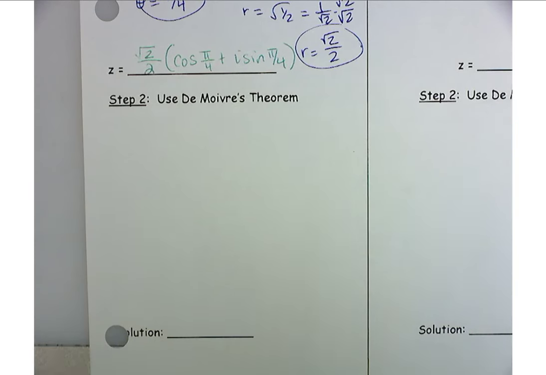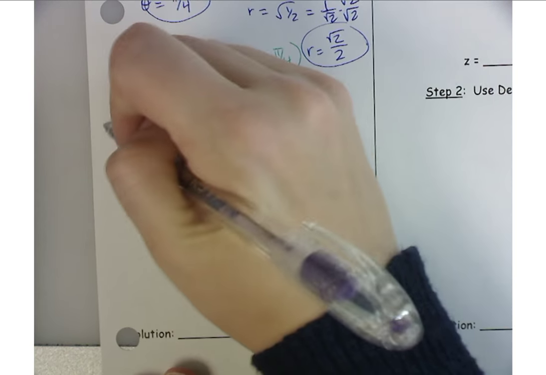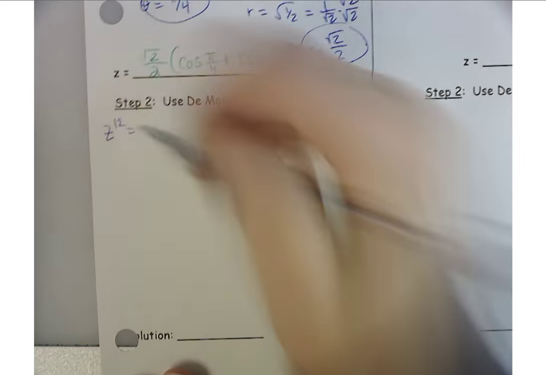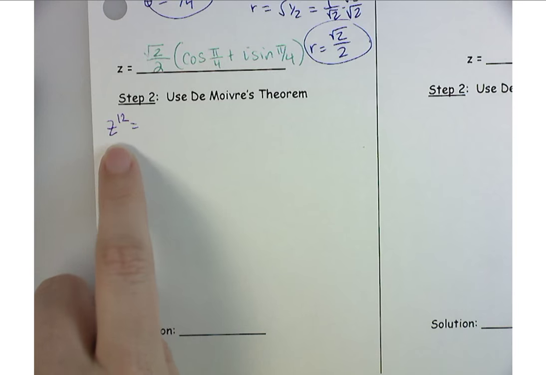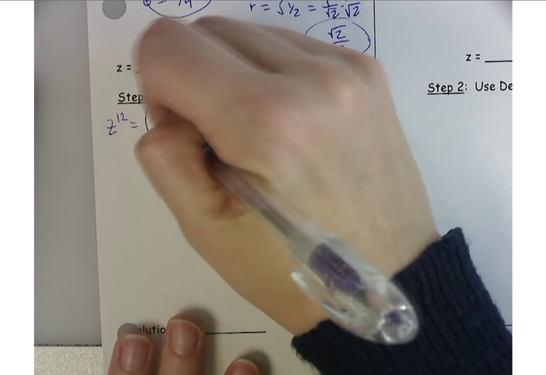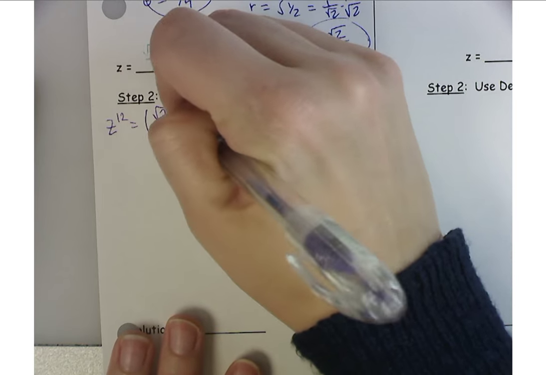Okay, so now I'm going to apply the theorem. So the theorem says if I'm trying to find to the 12th power, okay, so your z is your imaginary number, so z to the 12th would equal root 2 over 2 to the 12th.